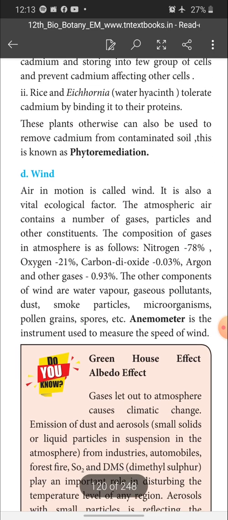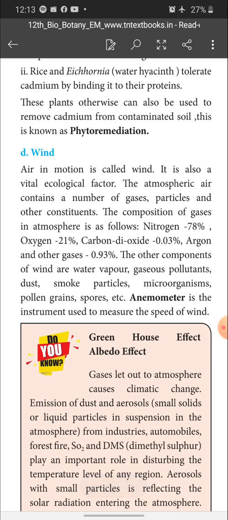Next one is wind. What is wind? Air in motion is called wind. It is also a vital ecological factor. The atmospheric air contains a number of gases, particles and other constituents.